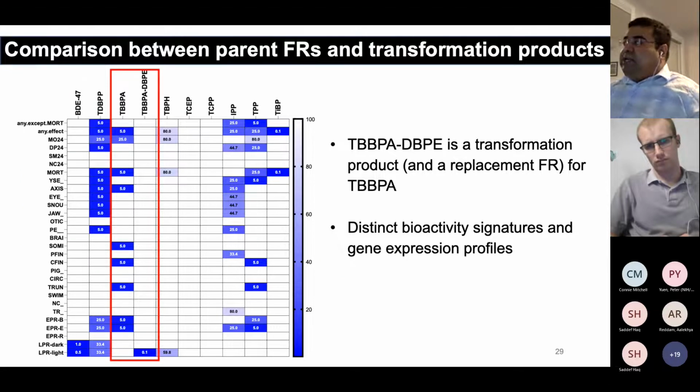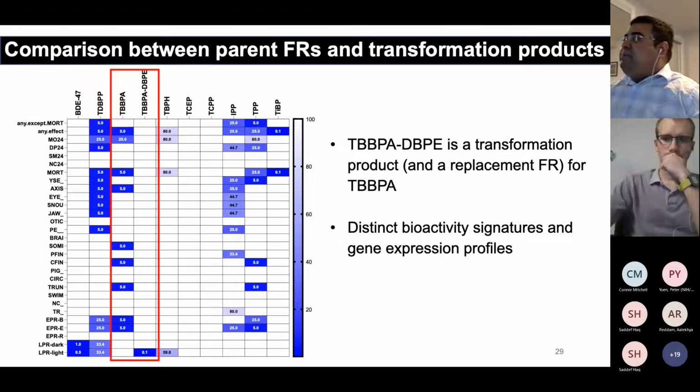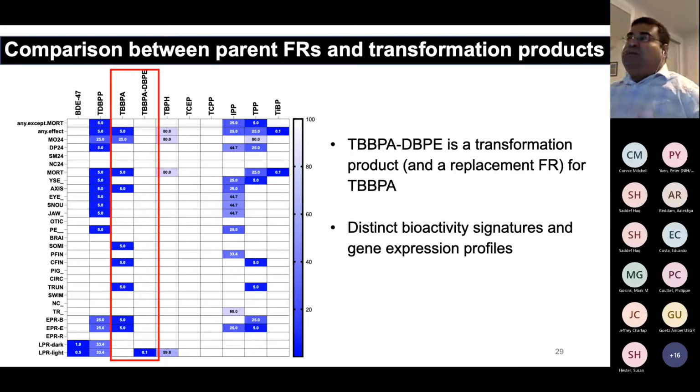Based on the gene expression data, we were also able to compare the molecular signatures for several flame retardants. Here you see the comparison between TBBPA and TBBPA-DBP, the DBP being a transformation product for the former, and also the DBP ether is used as a replacement flame retardant for TBBPA in several uses.